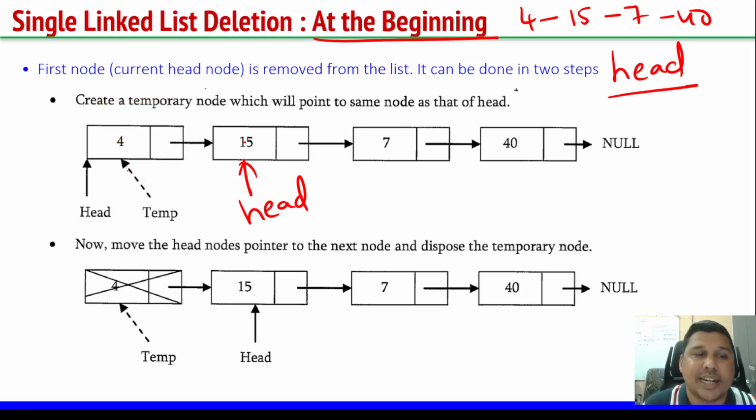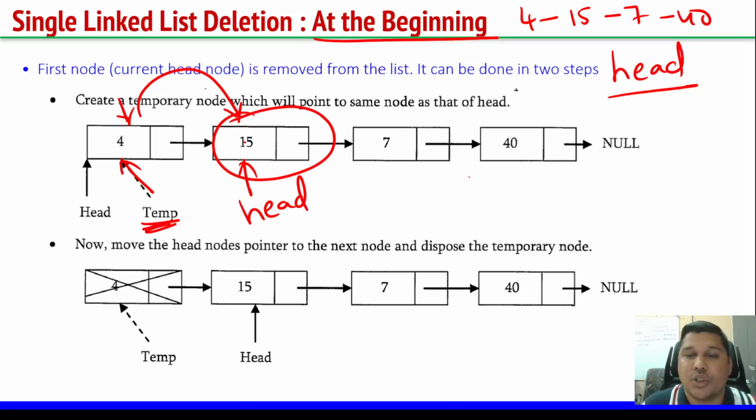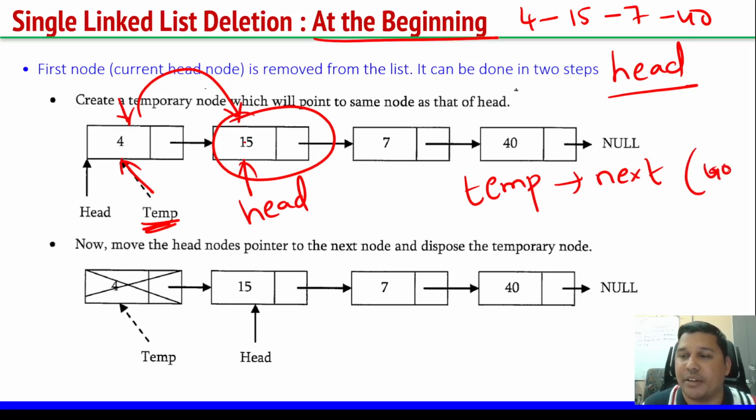So create a temporary variable, let this be temp. Now what is temp's next? Temp is this location, its next will be this location. So my temp next is currently pointing to location 15, the element 15.